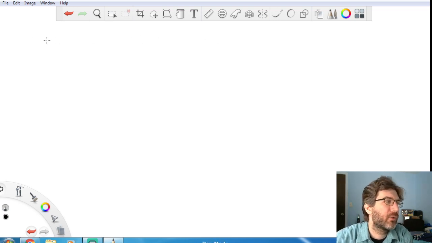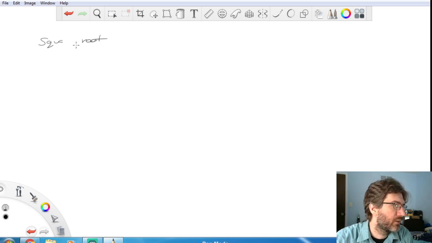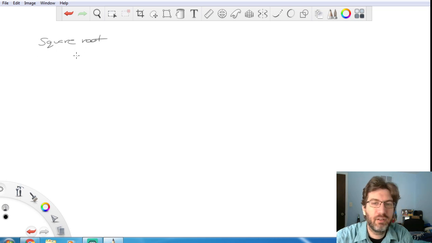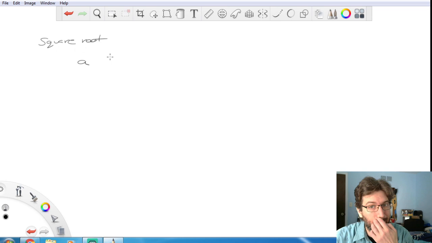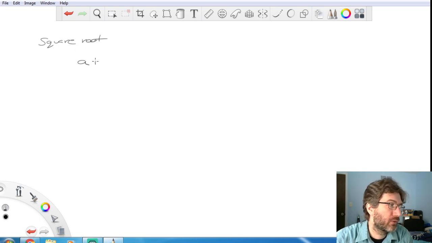So first off, what is a square root? Again, if you're following along with the notes, it's in the notes, but it is any number a, so a is a square root if a squared equals b.